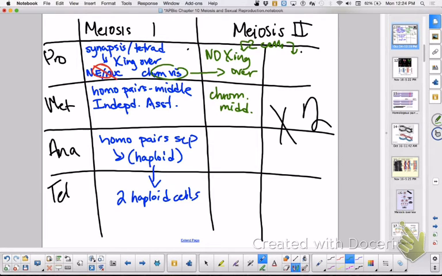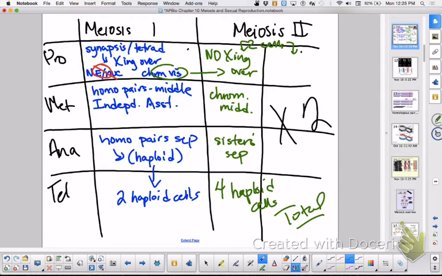Okay, what happens in anaphase 2? The sisters separate. Good. And in telophase 2, what are you going to form? 4 haploid cells. Okay. You good on that? Yes. 2 for each. So the haploid cells are the daughter cells? Yes. Okay. What else?